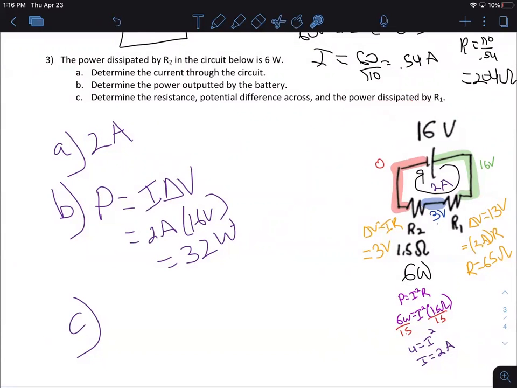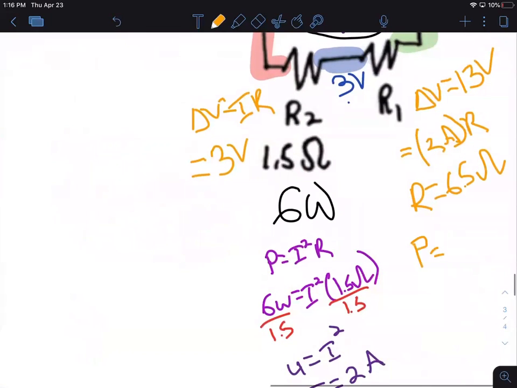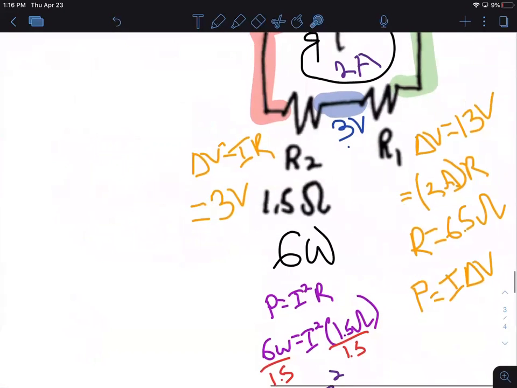And the power dissipated by R1. So power equals I delta V, or I squared R. Either one would work. I have enough information to do either. But 13 times 2 is easier math for me to do. 26 watts.